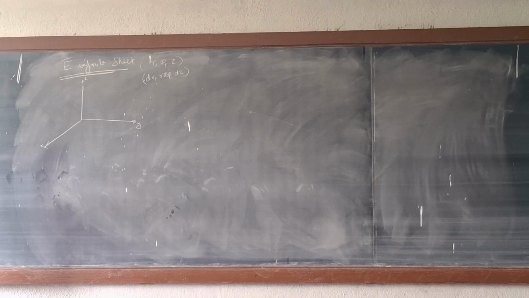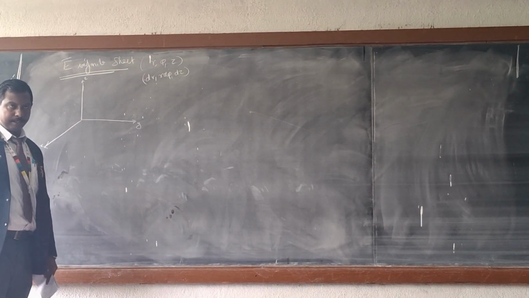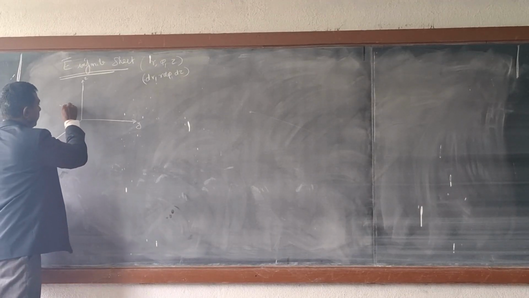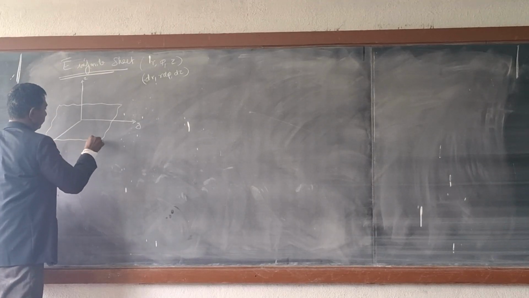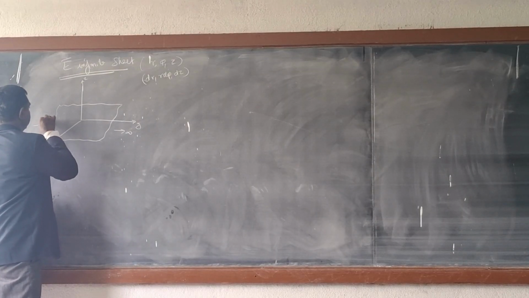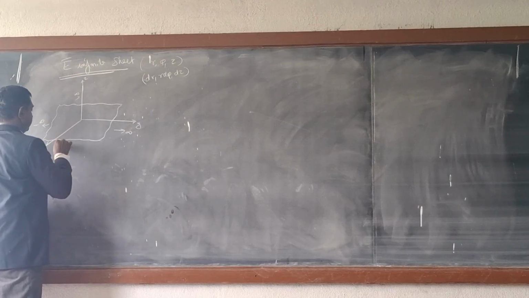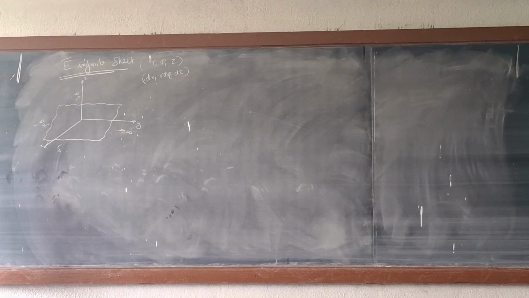Here the sheet is of infinite length, right? Sheet means it is a surface, and it is of infinite length, which means it is placed, let us assume, in the same xy plane. This is infinite distance.